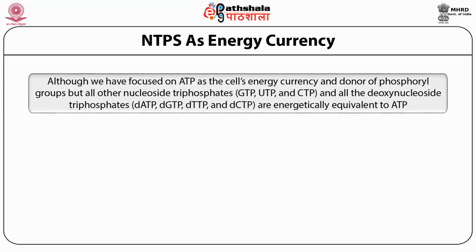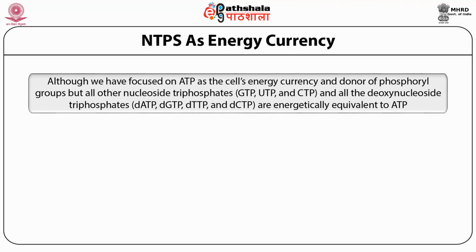Although we have focused on ATP as the cell energy currency and donor of the phosphate group, all other nucleoside triphosphates like GTP, UTP and CTP and all their deoxynucleotide triphosphates like dATP, dGTP, dTTP and dCTP are energetically equivalent to ATP.